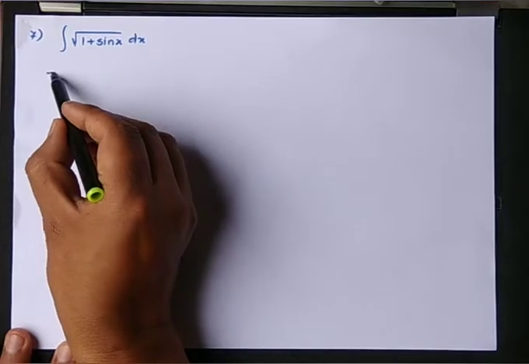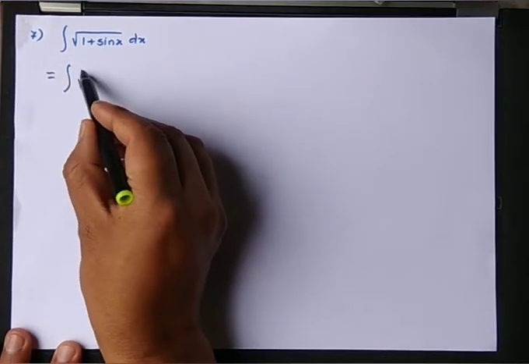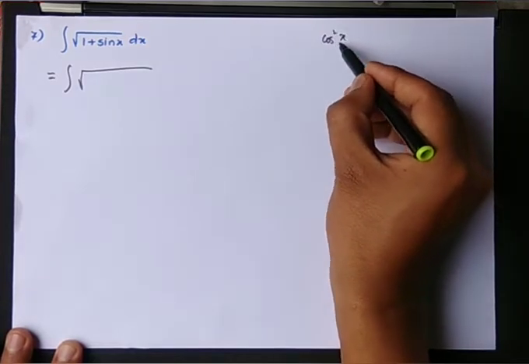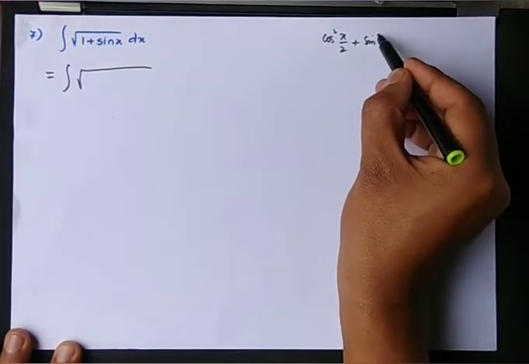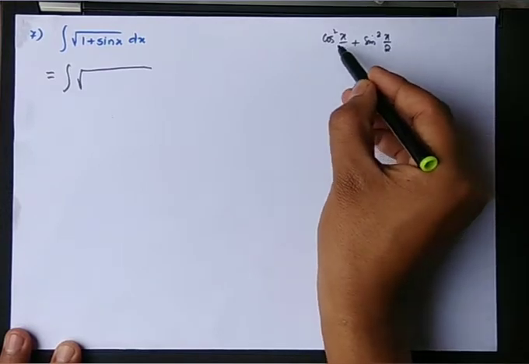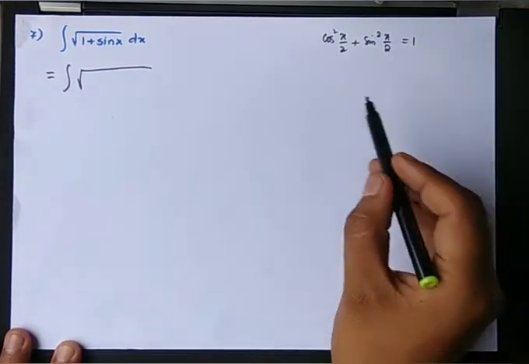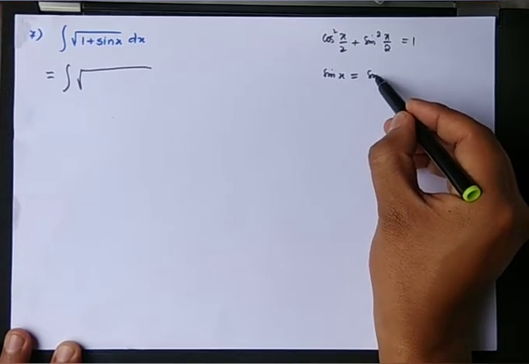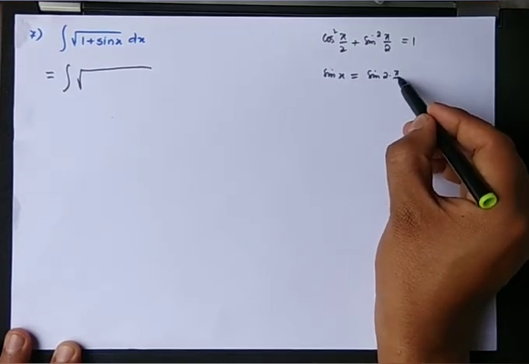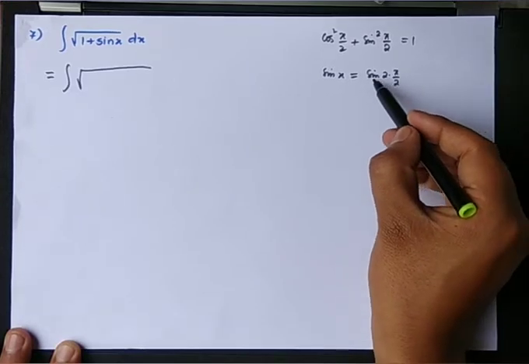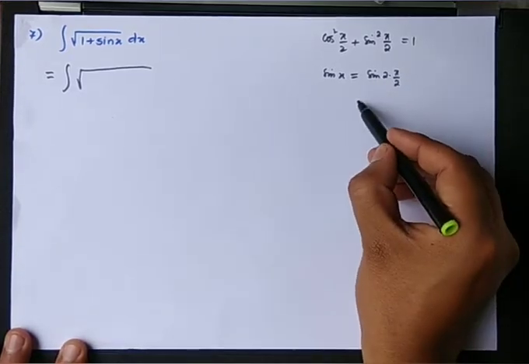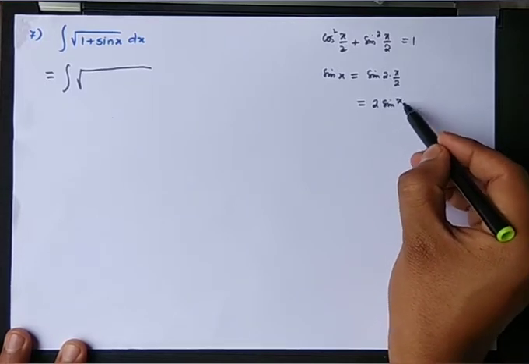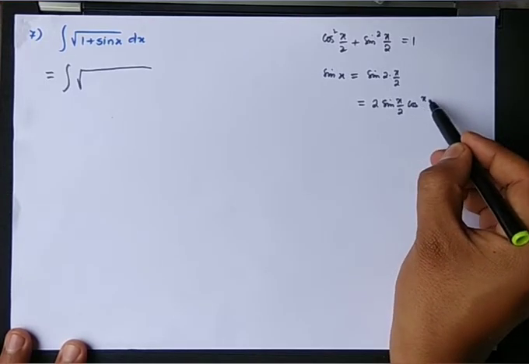We'll see here. Instead of 1, I'm going to write cos square x by 2 plus sine square x by 2, because we know that this equals 1. And sine x can be written as sine 2 into x by 2. It is like sine 2 theta, and we know that sine 2 theta can be written as 2 sine theta cos theta.